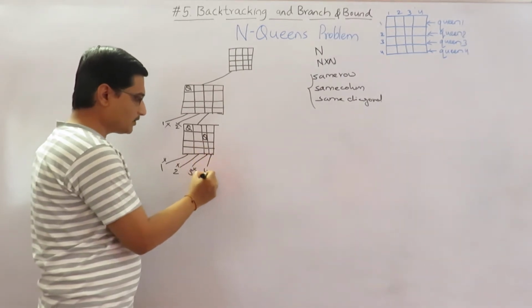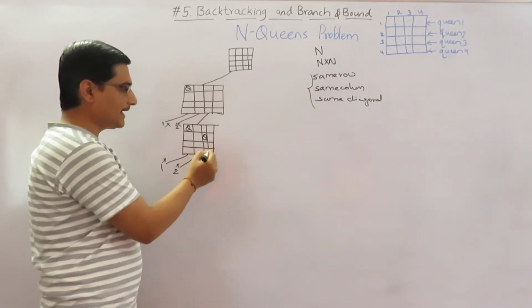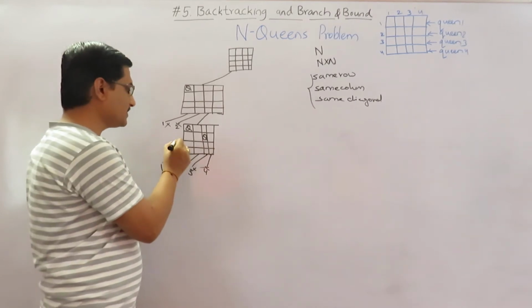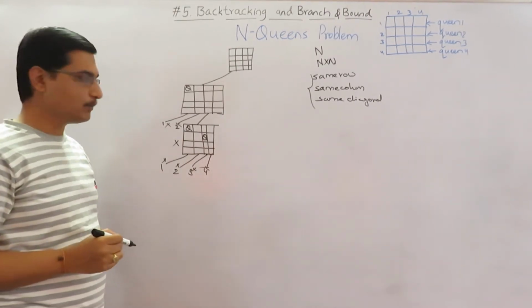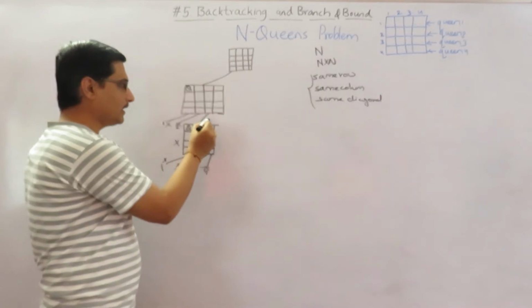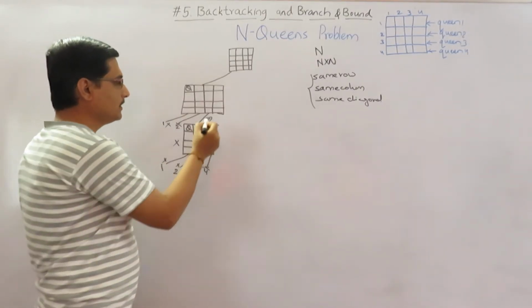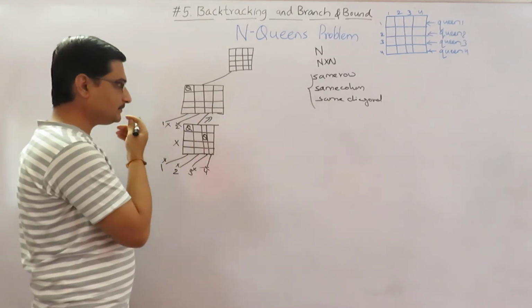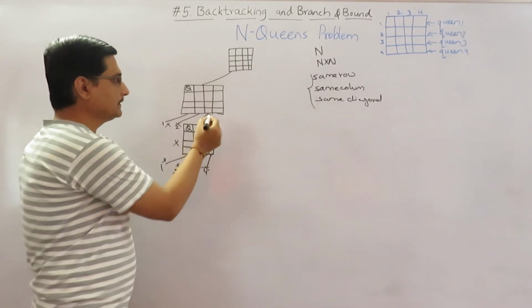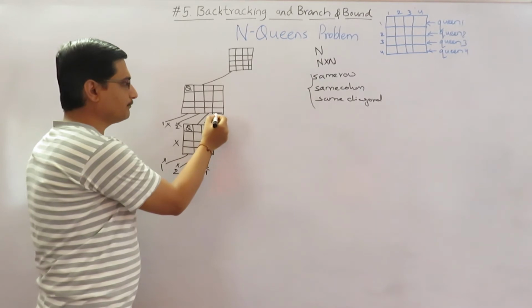Fourth column, is it possible? It is also not possible because diagonally it will become equal. So this has become a non-promising node. We cannot go further, so we need to backtrack. We have to go back to the previous one. So let us try to place the second queen in the fourth column.